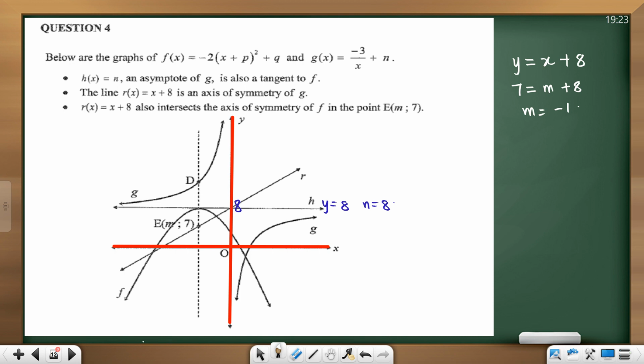What are we looking for now? The equation of what? F of x. Got it? What's your equation?